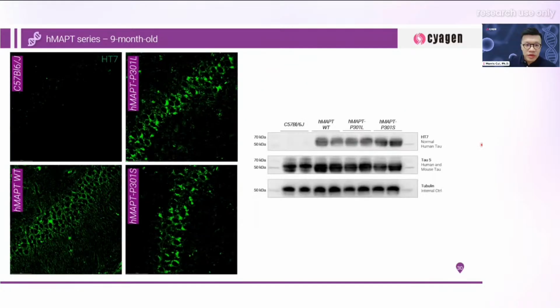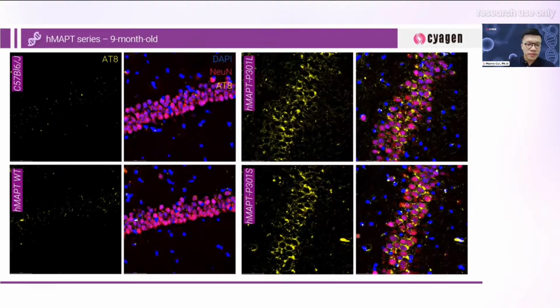Now that we have gathered some information from the HT7 staining and also the Tau5 biochemical detection, validating that there is indeed exclusively human tau in the HUGO mouse strains, but not the black 6, we continued to validate the existence of pathological tau, namely AT8.